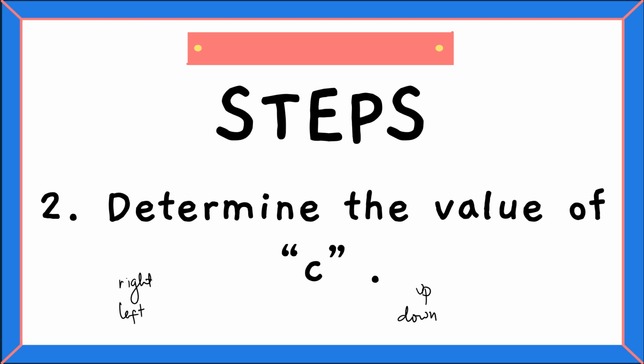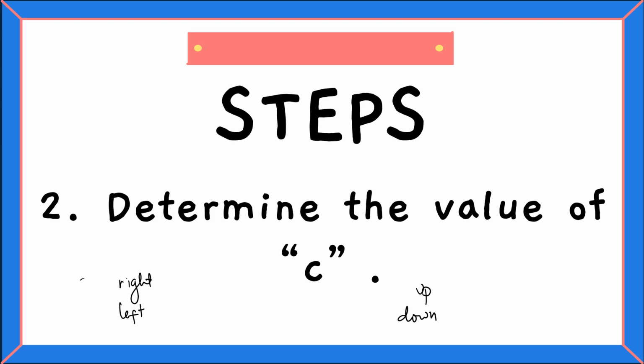Why? Because C dictates this. So, for example, it is horizontal. You have two options to narrow down with: a parabola that opens to the left or to the right.